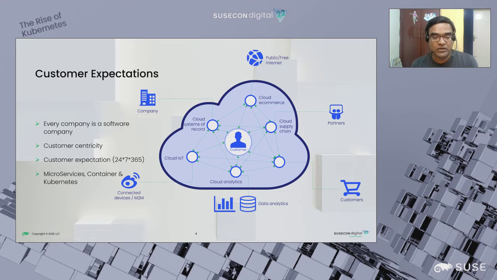This is putting pressure on companies, and companies have slowly and gradually been transforming themselves into what we call software companies. The digital transformation is also fueling growth for microservices and containers.